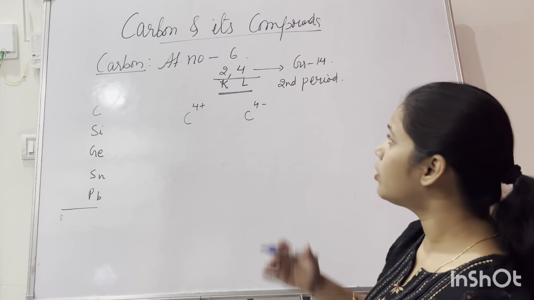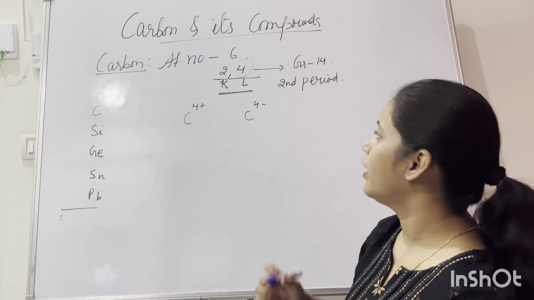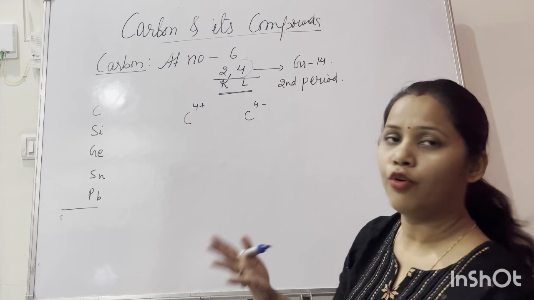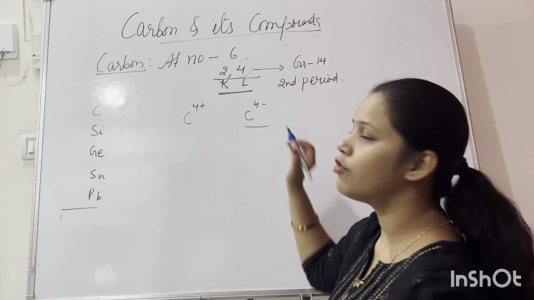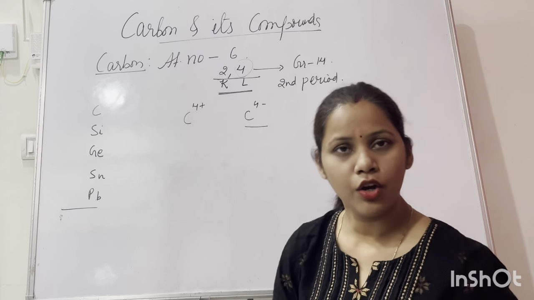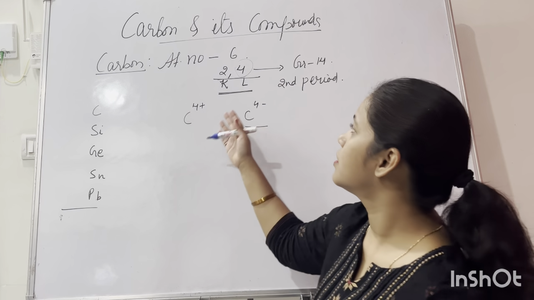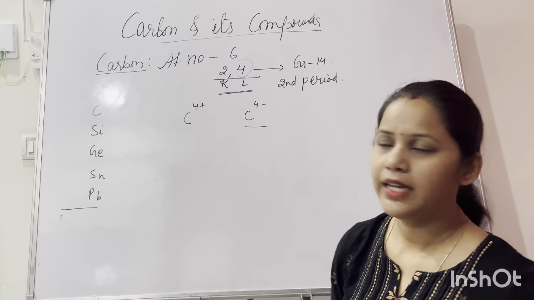Because it has 4 electrons in the outermost shell, if it gains 4 electrons from someone, it will become C4 minus with the nearest configuration of neon. And if it loses these 4 electrons, it will attain the nearest noble gas configuration of helium.